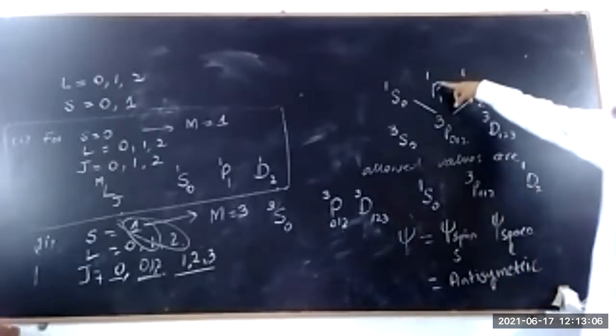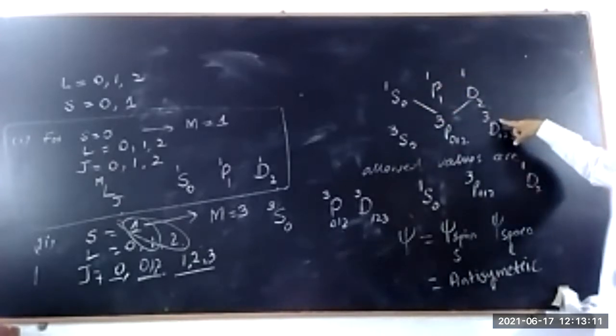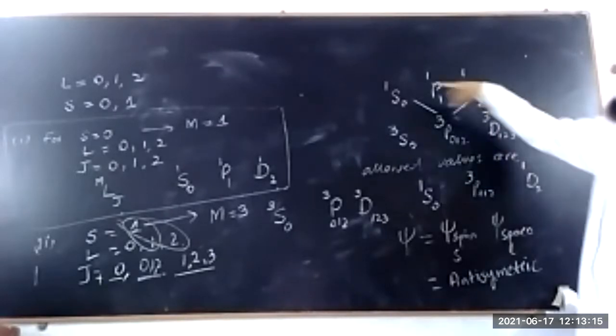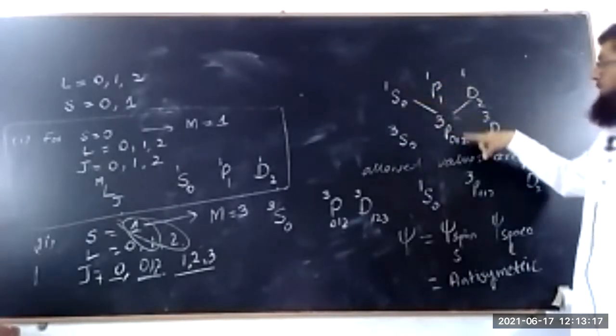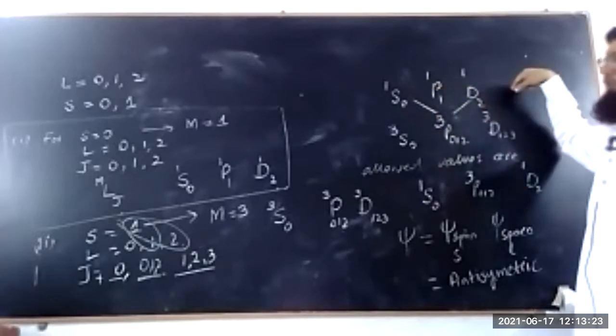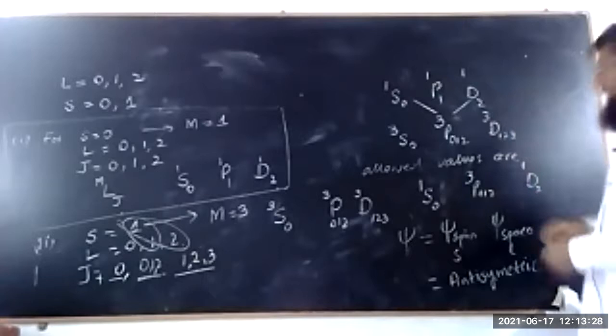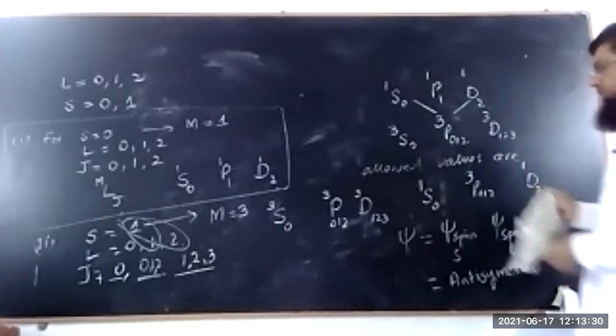These values 1P1, 3S0 and 3D give a symmetric wave function. Therefore these levels are not possible, whereas 1S0, 3P012 and 1D2 are possible because the total wave function of these term values is anti-symmetric. So therefore these levels are possible here.